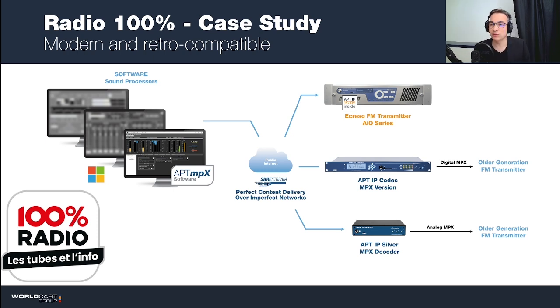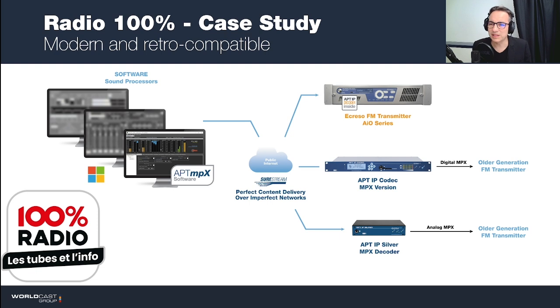At the studio, they use a sound processor, and we add the APT MPX software in the same server. They took the APT MPX signal through IP to their different links, and they feed the transmitters. They have several transmitters, actually.